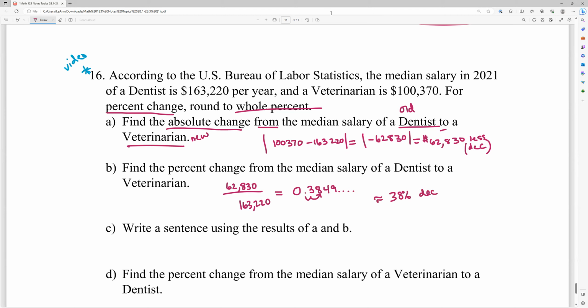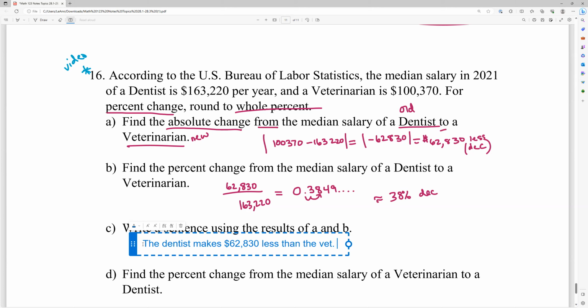Okay, so one way we can write this is, so this is kind of how you're going to be answering things when you do your second project, when they ask for a statement about absolute change or percent change. We can say the dentist makes $62,830 less than the vet.